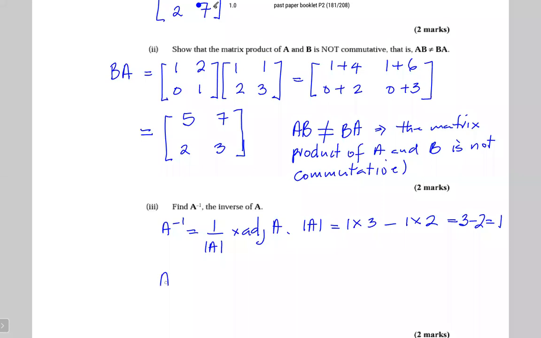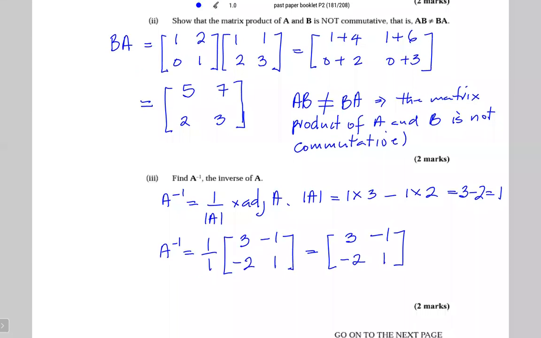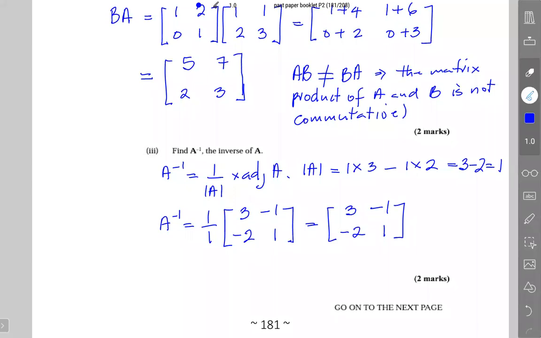And so A inverse would be equal to 1 over 1. Adjoint: switch around the leading diagonal elements, 3, 1. The lagging diagonal elements stay where they are, but their signs change to -1 and -2. So A inverse is simply 3, -1, -2, 1. That's A inverse, because when you multiply something by 1, it remains the same.